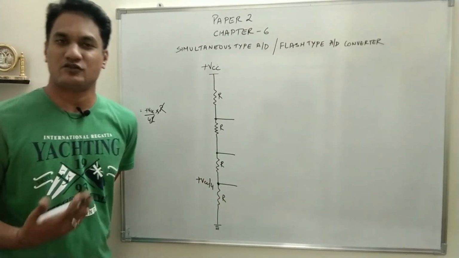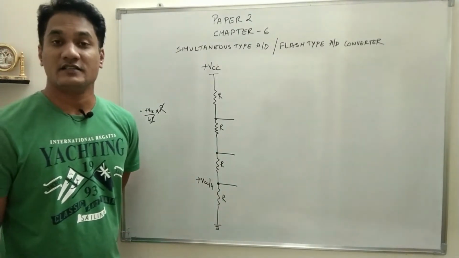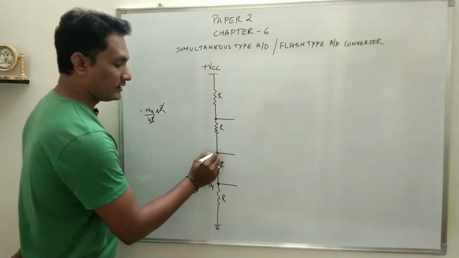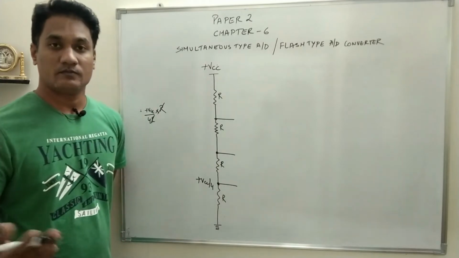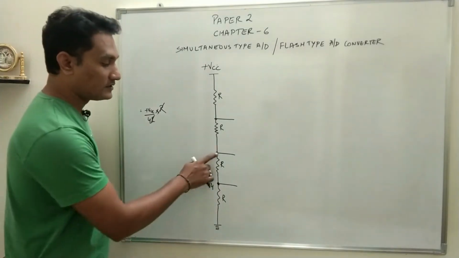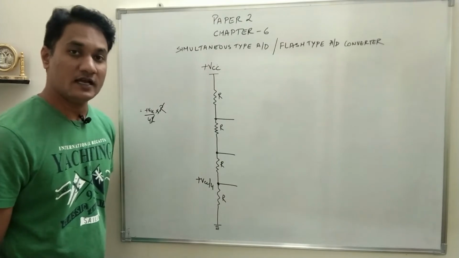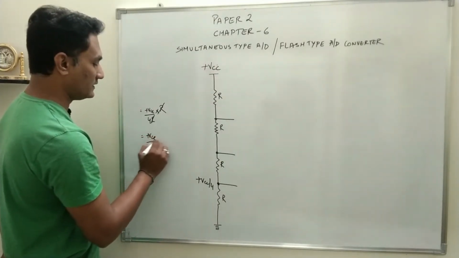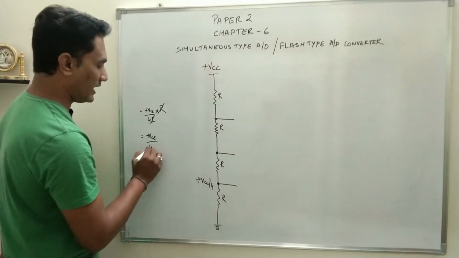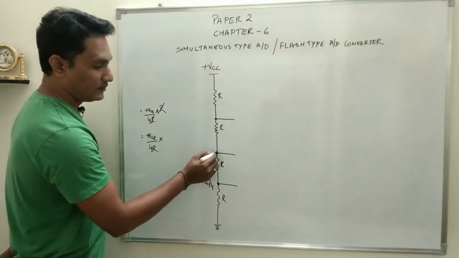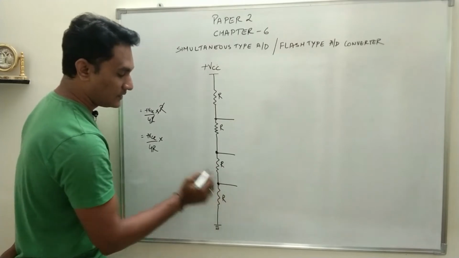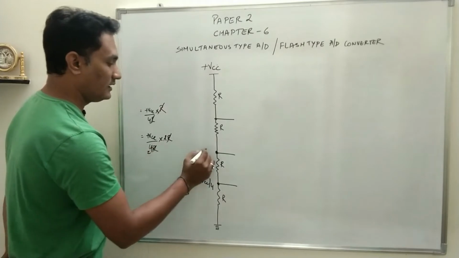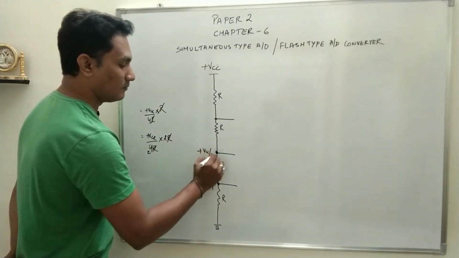We are actually trying to find out the reference voltage. Plus VCC by 4. What about this point? Think, what will be the potential at this point? Again we have to apply voltage divider arrangement. Total voltage is plus VCC, total resistance is 4R multiplied by, between this point and ground you have 2 resistances, so R plus R, 2R. R gets cancelled. This will be plus VCC by 2.